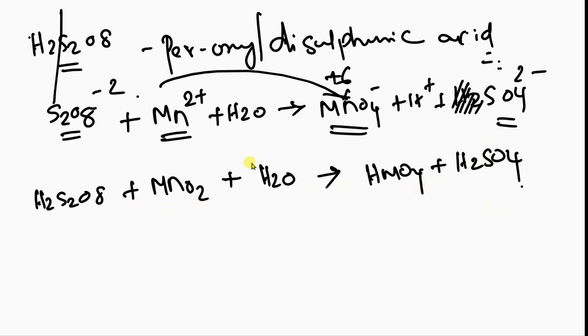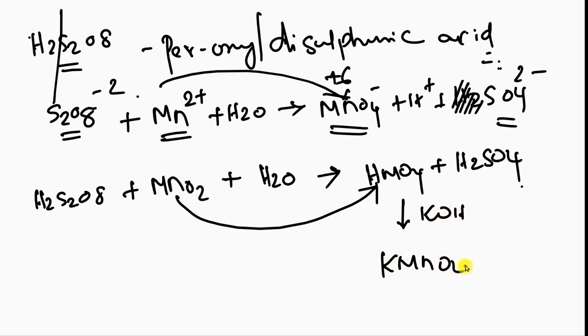We have to balance it. What we have to understand here, the MnO2 gets converted into HMnO4. This when treated with KOH will give KMnO4, and the peroxydisulfuric acid gets converted into sulfate, H2SO4.